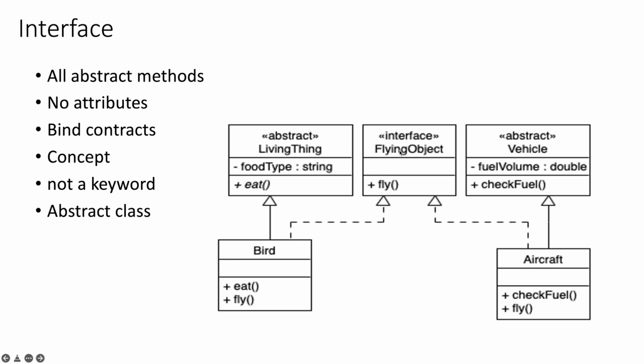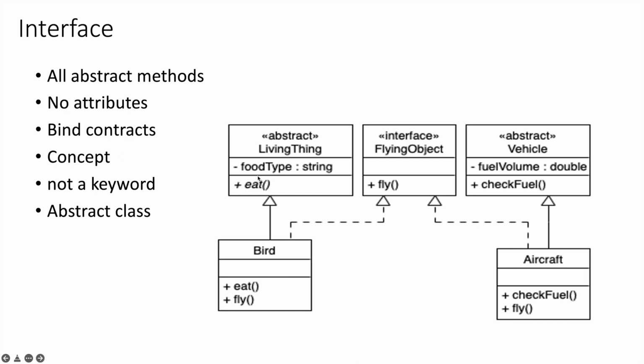Now interface is a concept so that we can bind some of the operations or a contract onto classes. For example, a bird is a living thing, an aircraft is a vehicle, an is-a kind of relationship, right? Remember, this is the inheritance symbol, or generalization-specialization. In the upward direction it is generalization, in the downward direction it is specialization.